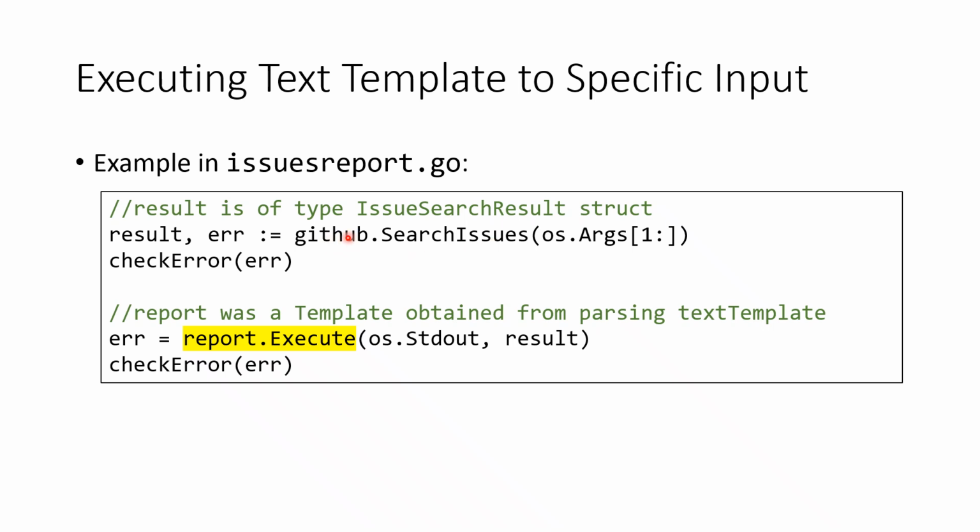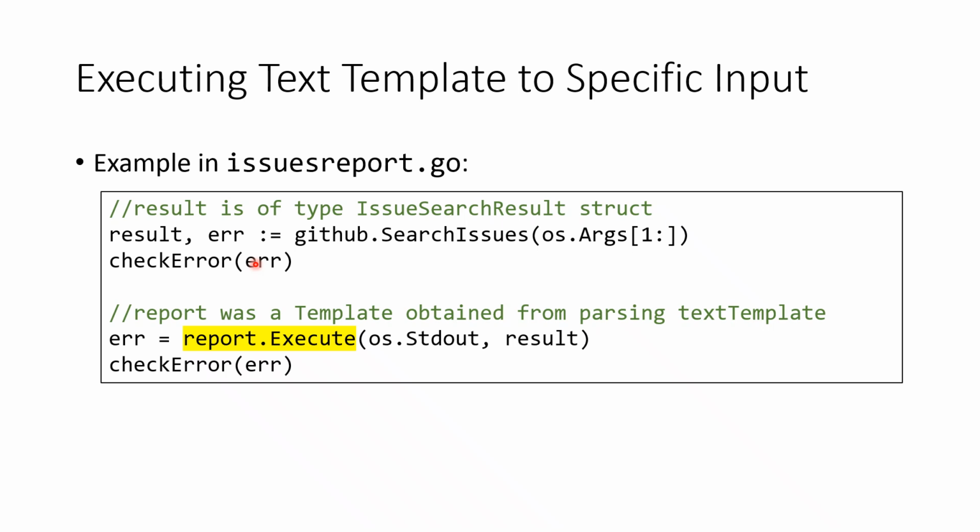That resulting struct data is stored in a variable result, which is of type IssuesSearchResult struct defined in the github package. Recall that the github.SearchIssues function also returns an error object, so we need to call function checkError to handle any non-nil error.